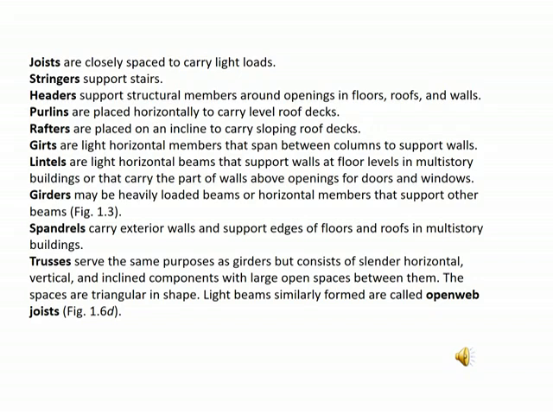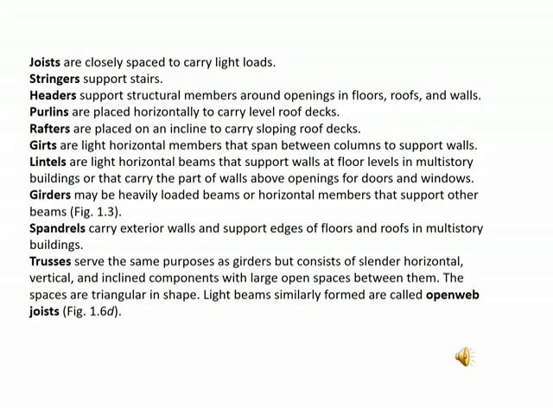Lintels are light horizontal beams that support the walls at the floor level in a multi-story building, or that carry the part of the wall above the opening for a door or window. So the weight above the openings for doors and windows is carried by the lintels. Girders are heavily loaded beams or horizontal members that support other beams.